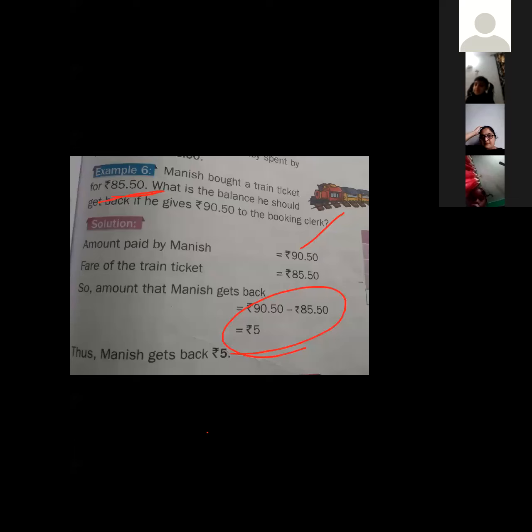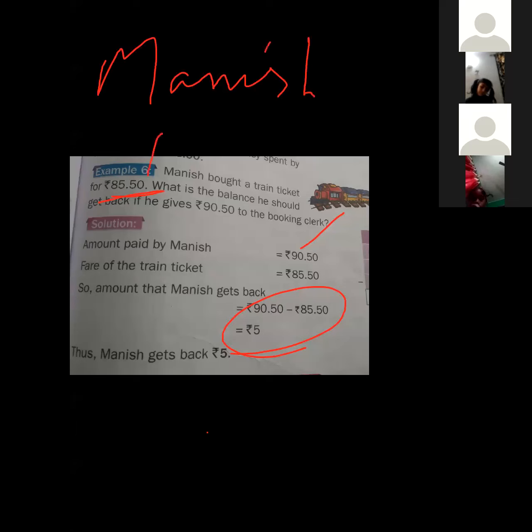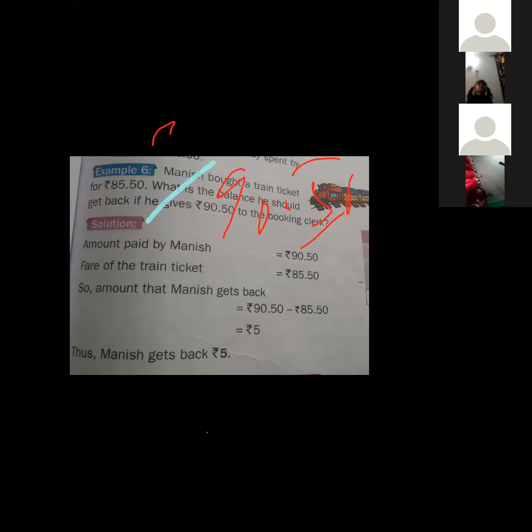Instead of amount paid by Manish, you can simply write Manish paid rupees 90.50. This is the simple way. You can use your own language also, but it should be correct.